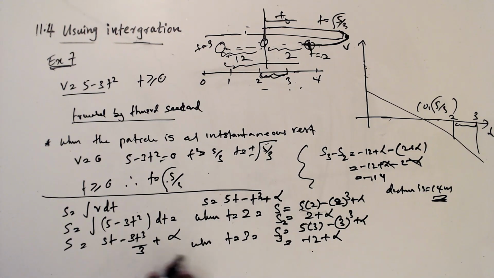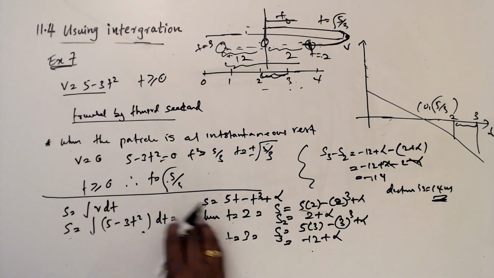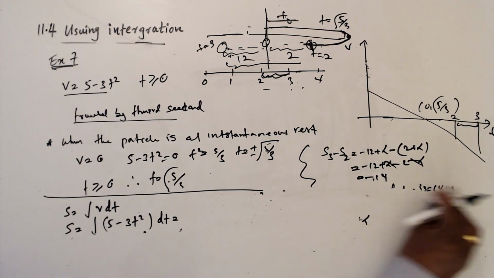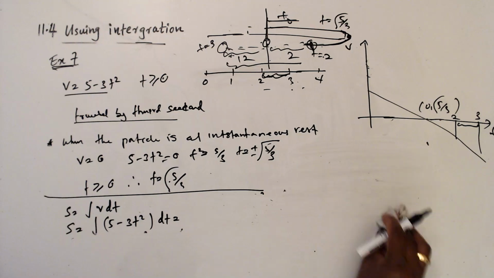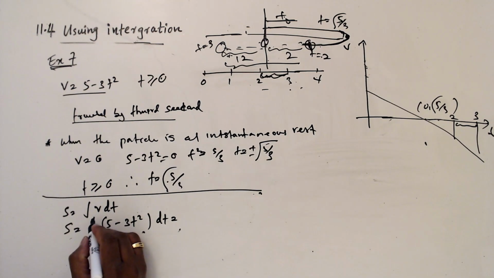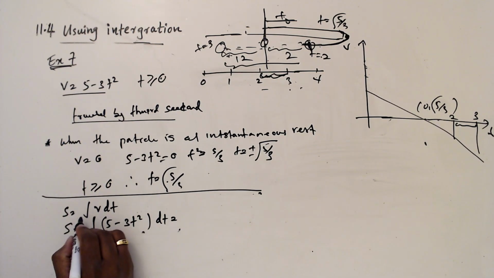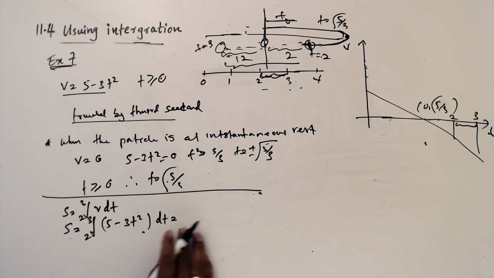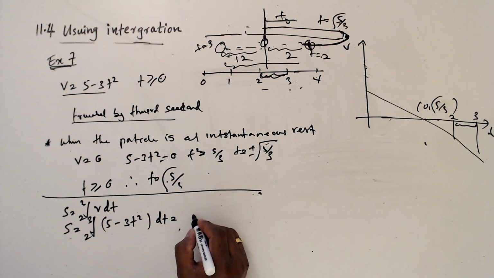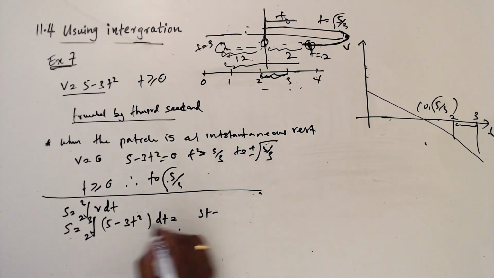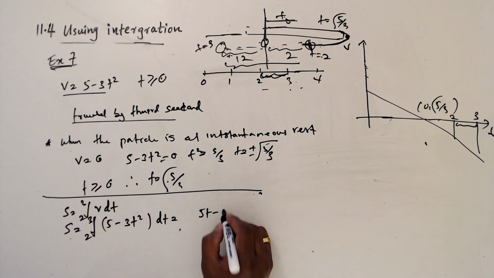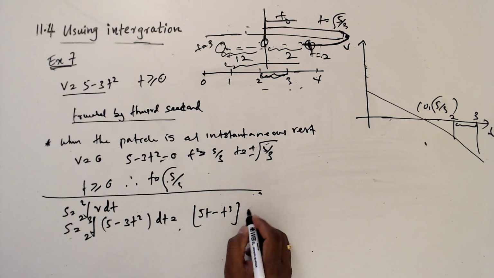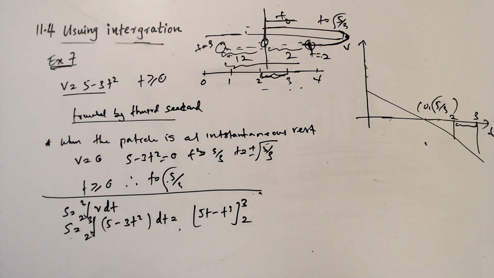So instead of working like that, you can delete everything and just put the limits 2 to 3. Then you don't need alpha. So this is going to be 5t minus t cubed, from 2 to 3.